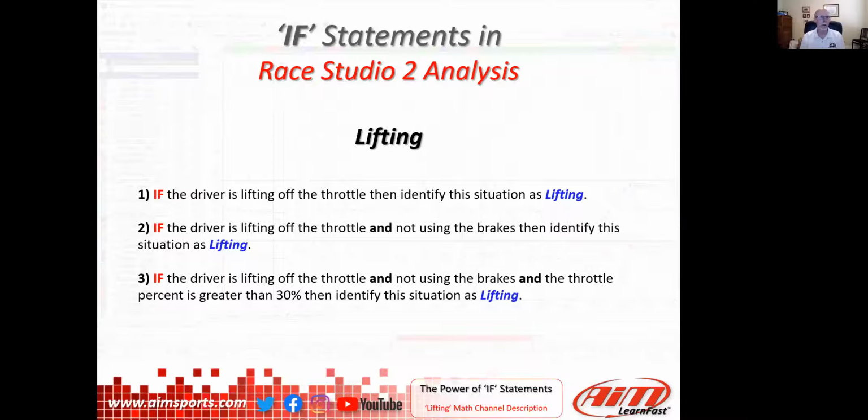My third one is if the driver is lifting off the throttle and not using the brakes, and the throttle percent is greater than 30%, then identify the situation as lifting. Each one of these is narrowing it down a little bit more, and it all depends on what I want to get out of this equation.